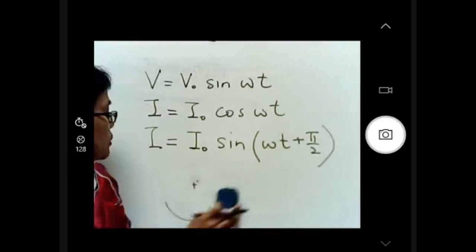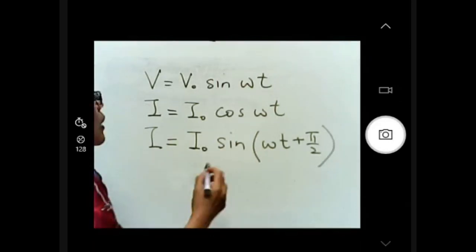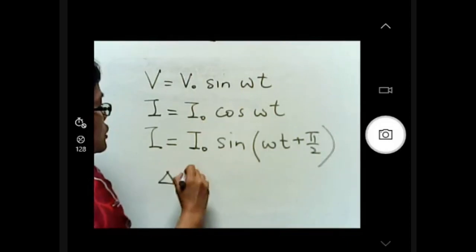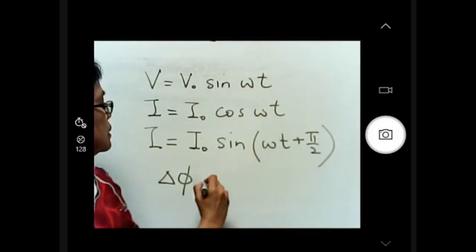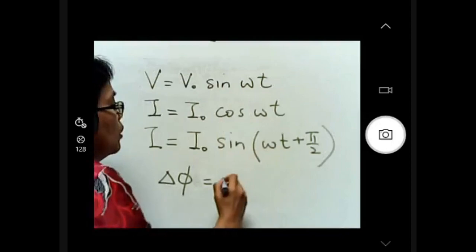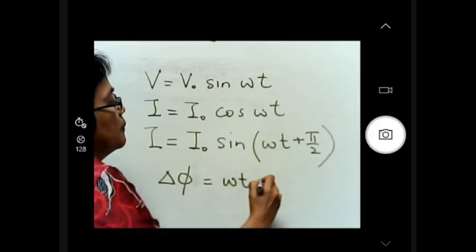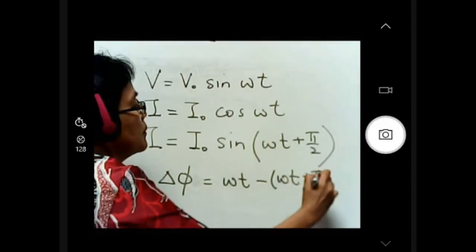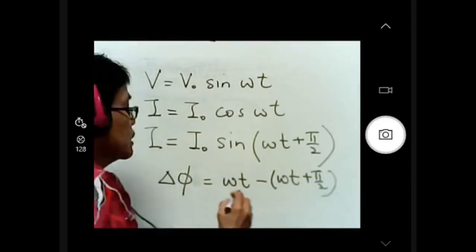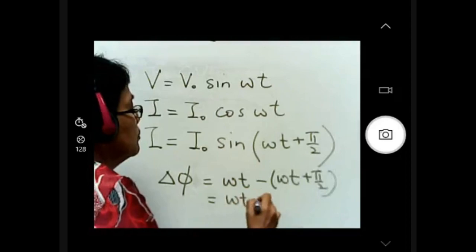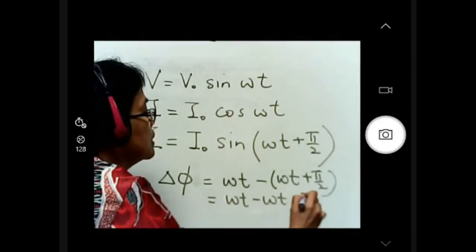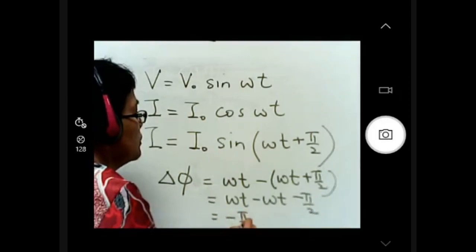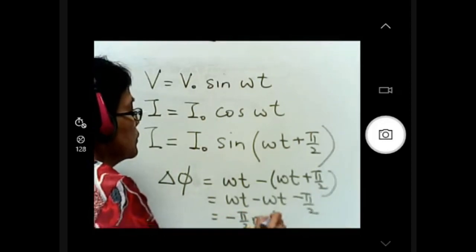Okay, so now we can calculate the phase difference, meaning change in phase equals omega t minus omega t plus pi per 2. So what did you get? Omega t minus omega t minus pi per 2. So it is negative pi per 2 radian.